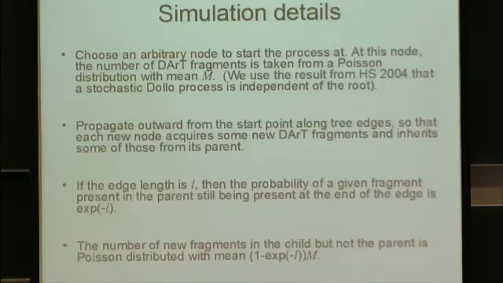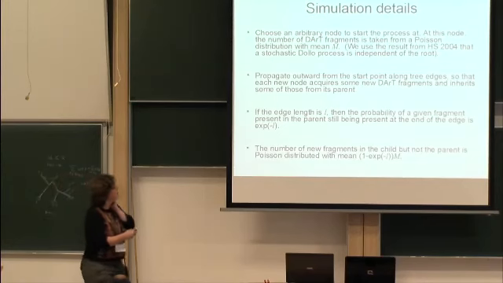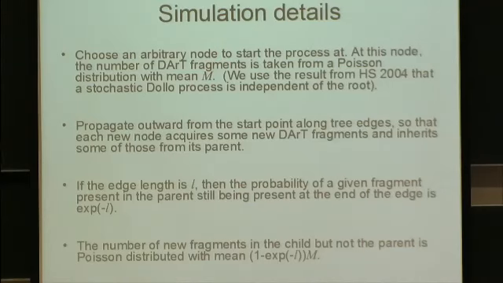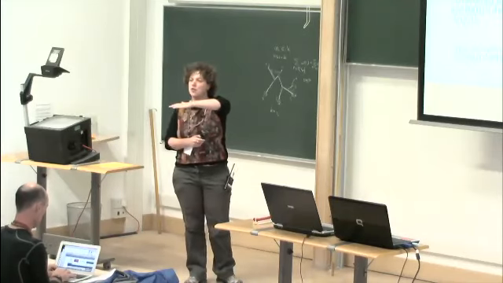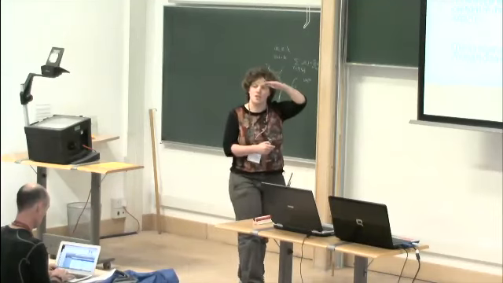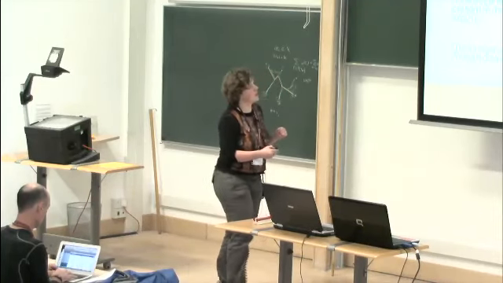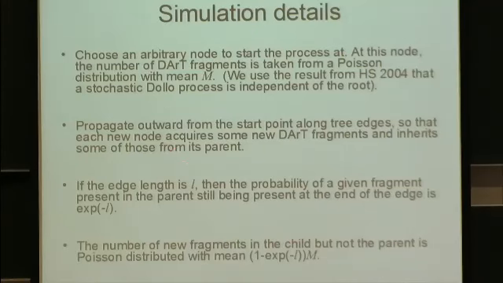We can just start from an arbitrary root. If you think the mean number of fragments in any genome is m, you can start with a Poisson number of fragments with mean m. Those fragments can only be lost as we simulate down the tree, but on any new edges you might gain some new fragments that you haven't seen before.